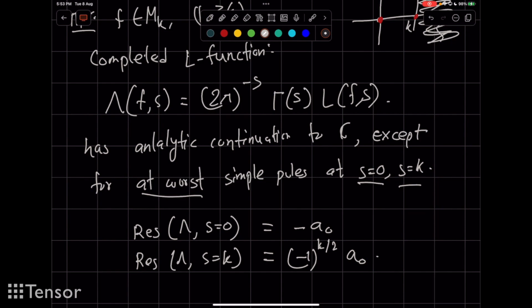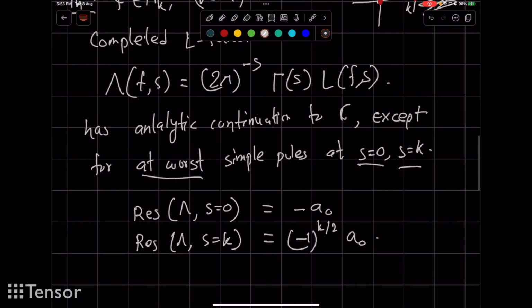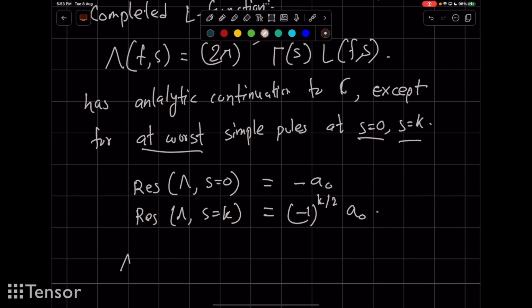Also, we have another functional equation for the completed L function, given by Lambda of f at k minus s is equal to (-1)^(k/2) times Lambda of f comma s.